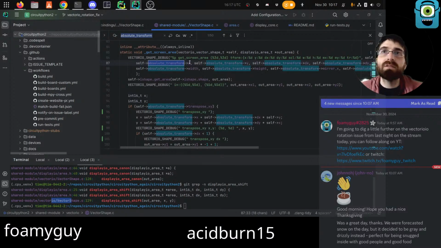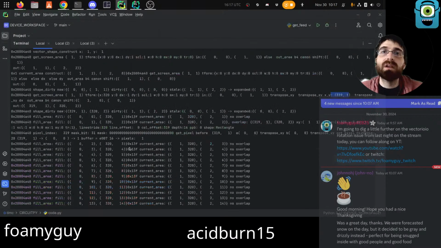Okay, let's see what all these are though. So this is when we print get screen area, which is most immediately the one that involves the actual rotation here. So absolute transform x is on 320. Absolute transform y is on 0.